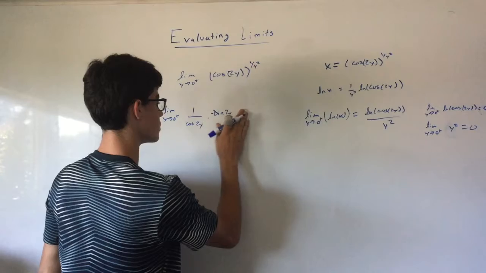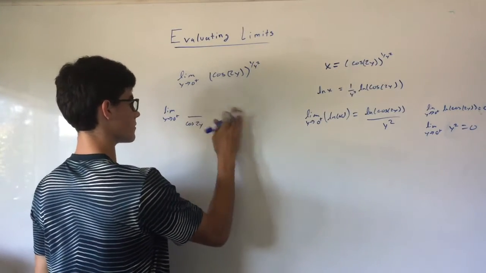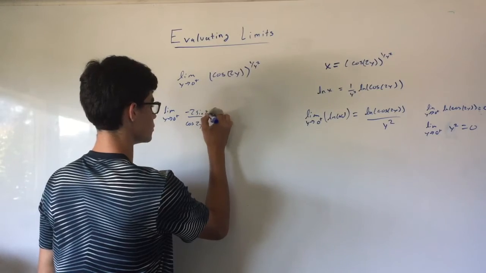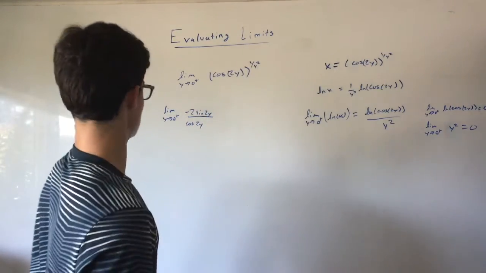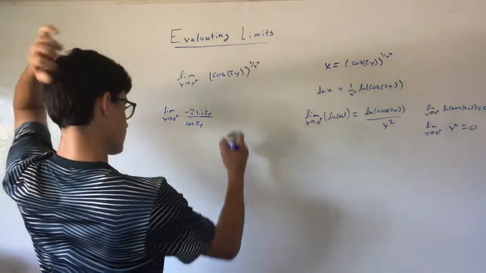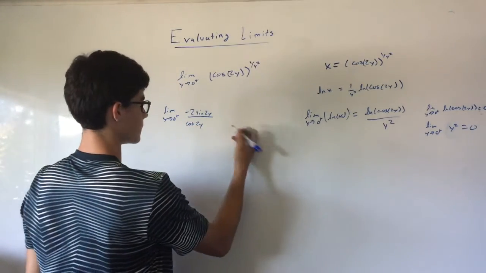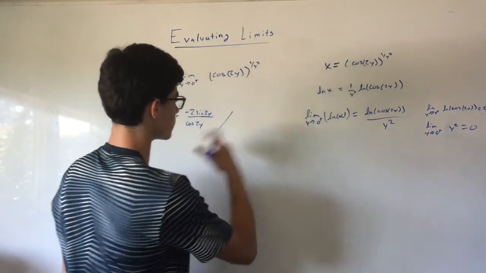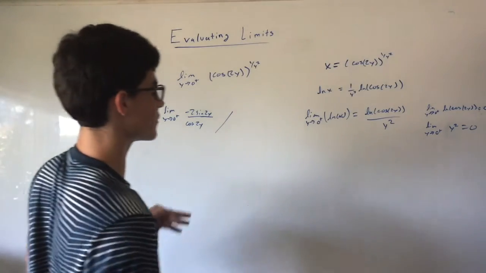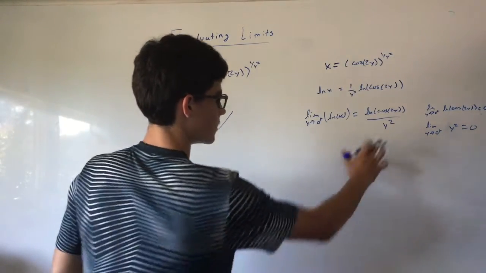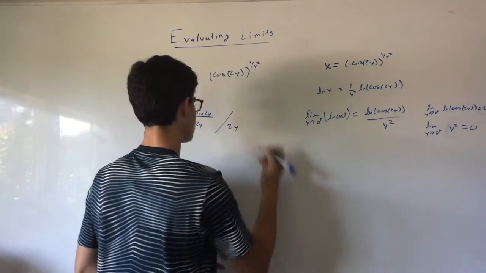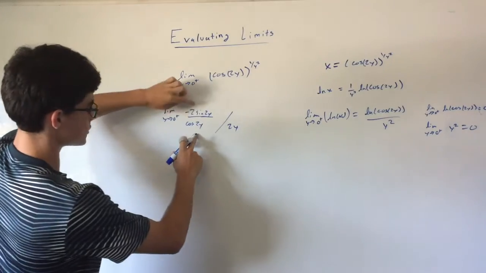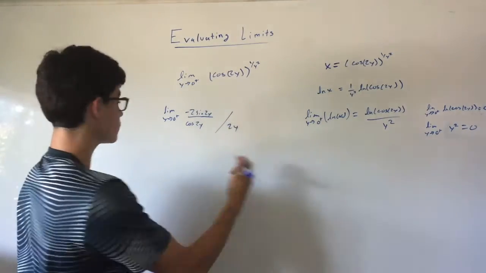Let's rewrite this on top of this fraction: negative 2 sine 2y, divided by, this is going to be a little weird notation, but bear with me for a sec, 2y cosine 2y. Okay, so kind of cleaned up a little bit. Let's rewrite this. This can be expressed as negative 2 tangent 2y.